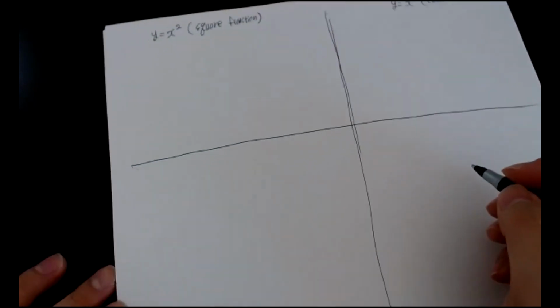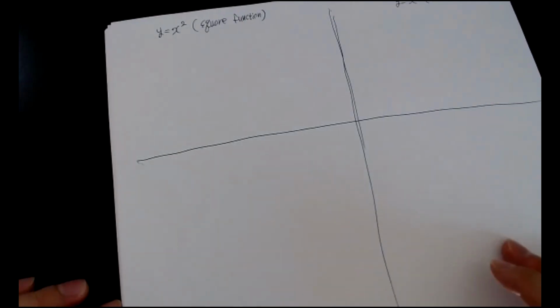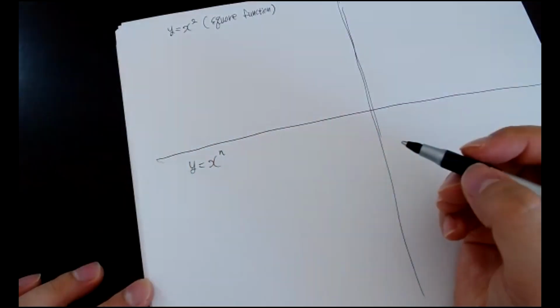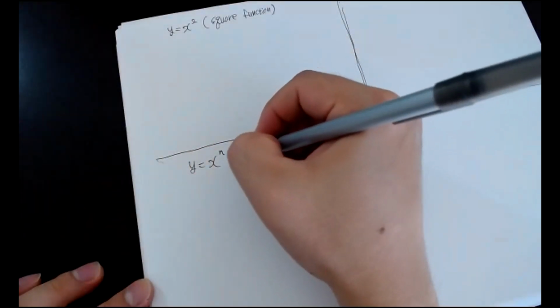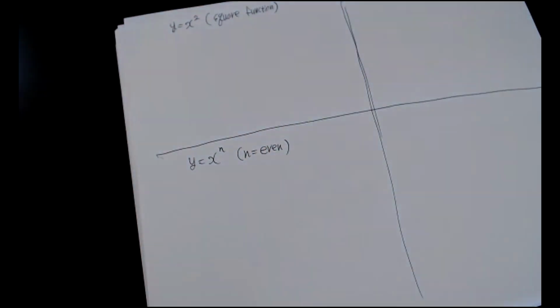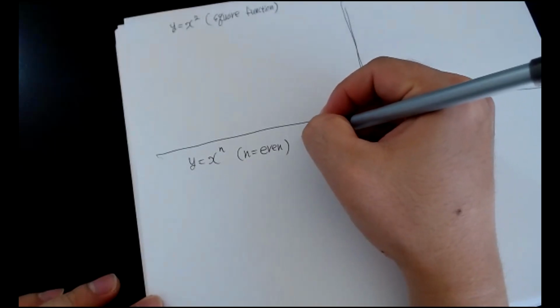And then let me figure out the graph of the power function, y equals x to the nth power. Here n is even. It means n could be 2, 4, 6, 8, 10. So this is an even order power function.